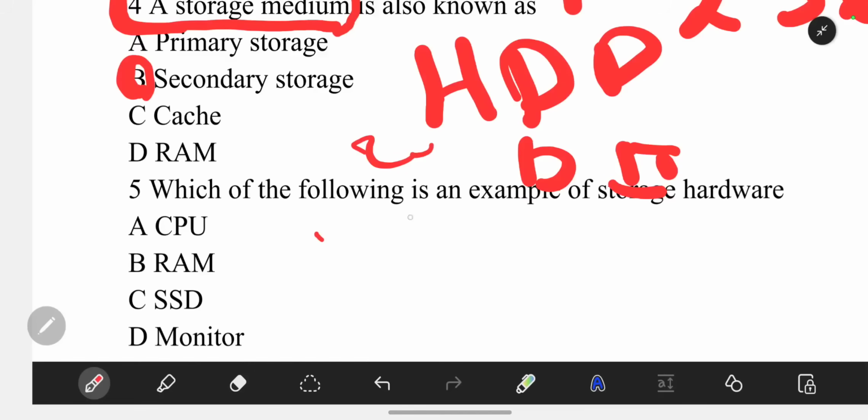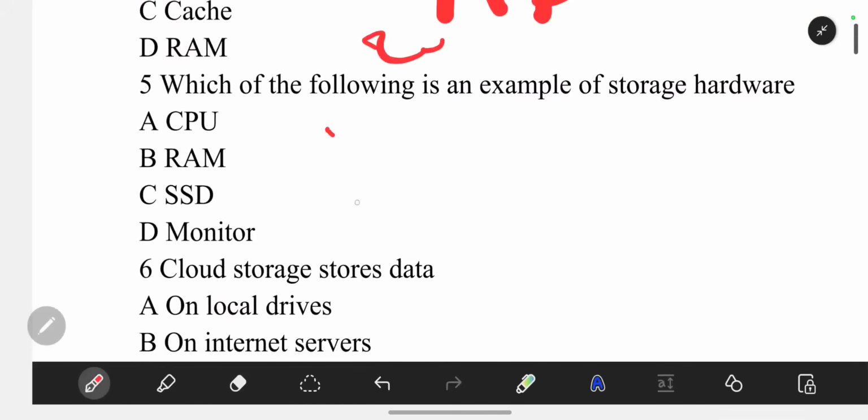Our number 5, we have which of the following is an example of a storage hardware. We can have an SSD, which is a solid state drive.